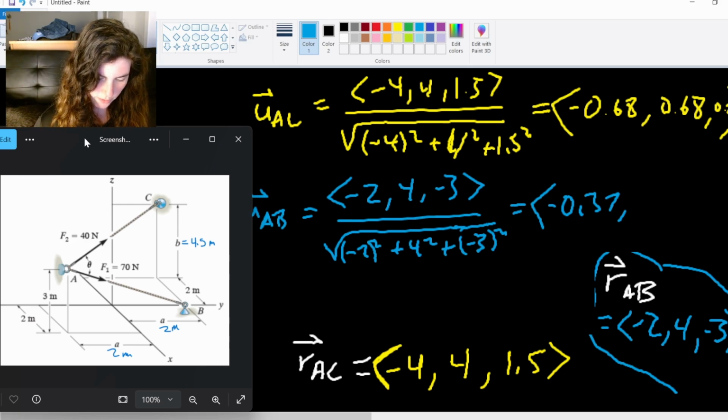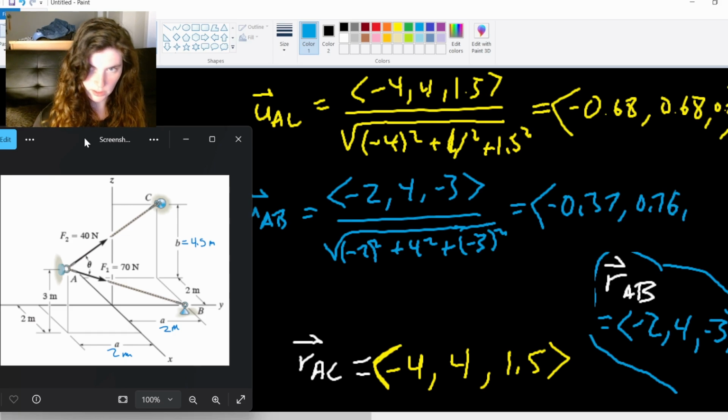And 4, if I plug that in, that's going to be positive 0.76. And then a negative 0.56. So that is each of our unit vectors.